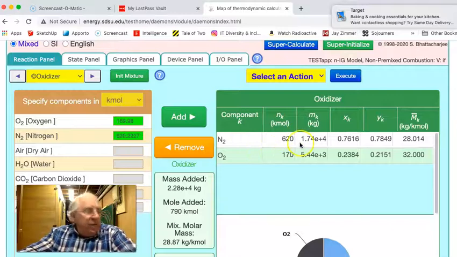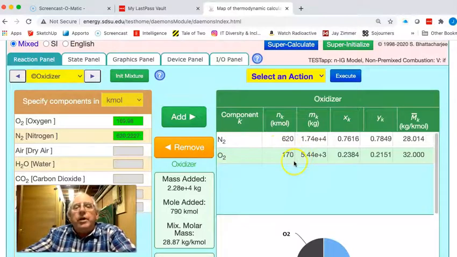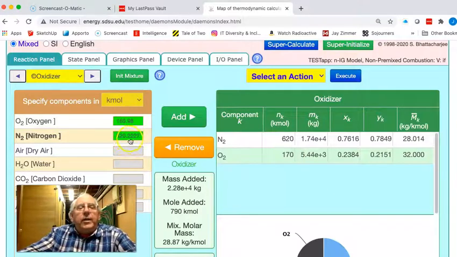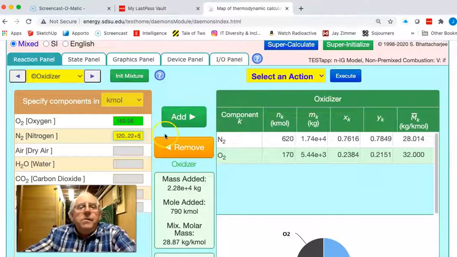And now I have the 165 that's now turned into 170. And now my nitrogen is 620.22, and so that's going to be 620.22 plus 5. Got to make sure I get 620.22, and add that.